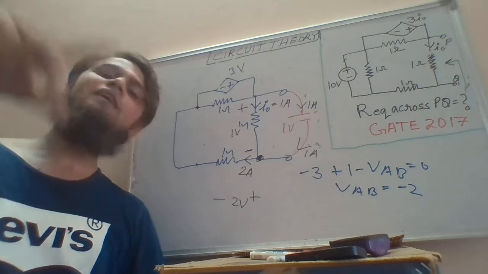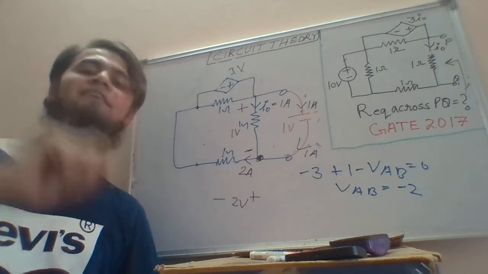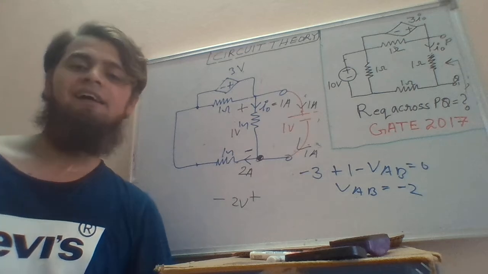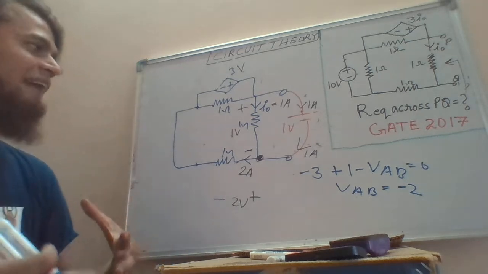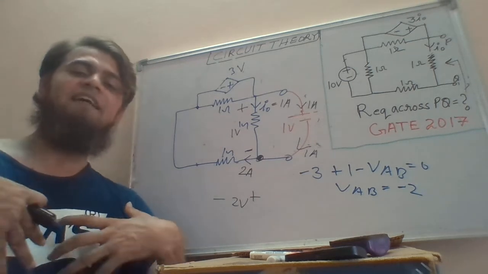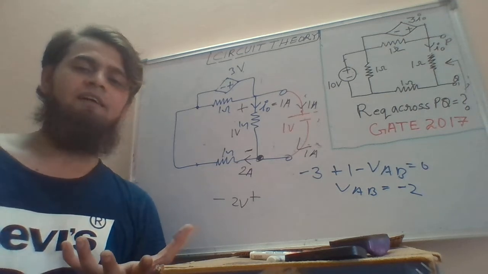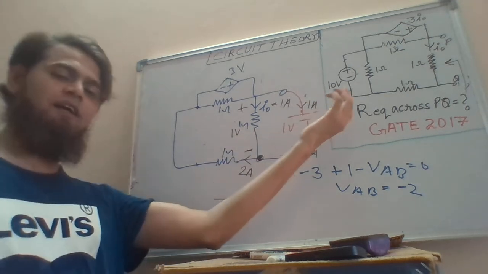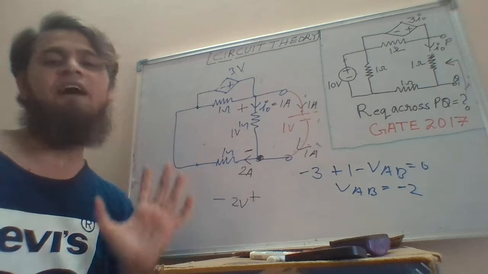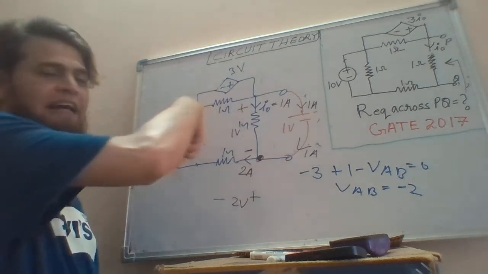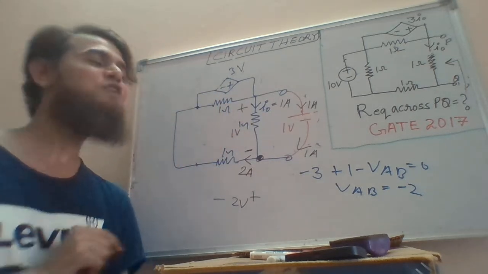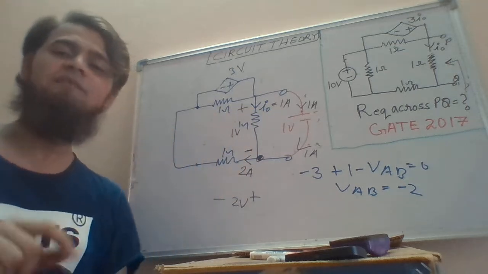The circuit whose resistance you want to find is actually behaving as an active circuit. If you connect any active device, that circuit has the capability to make that active device passive.